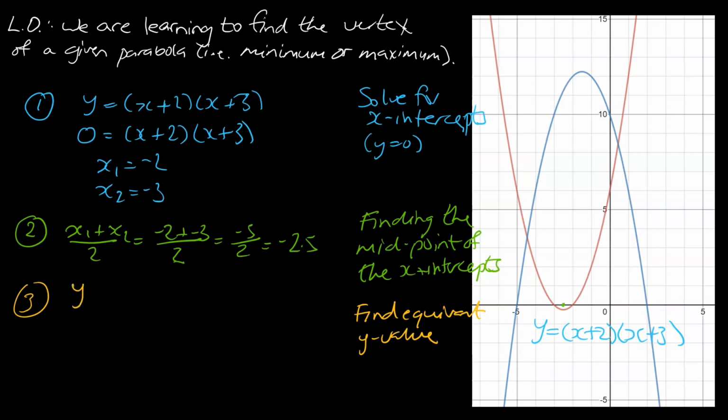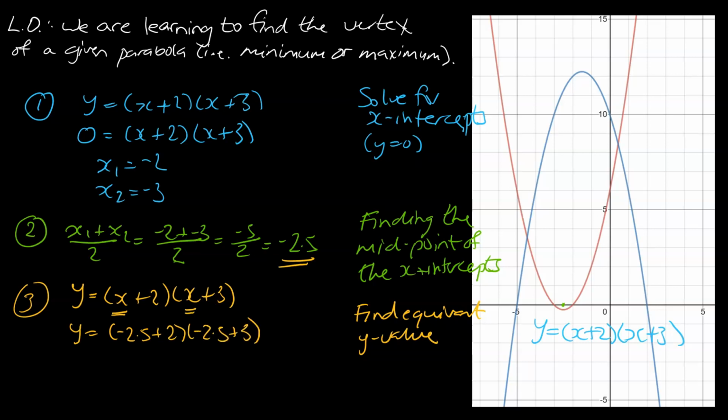So we've got our initial equation, y = (x + 2)(x + 3). At the vertex, the x value is what we've just calculated above, -2.5, so let's put that into our equation. (-2.5 + 2)(-2.5 + 3).